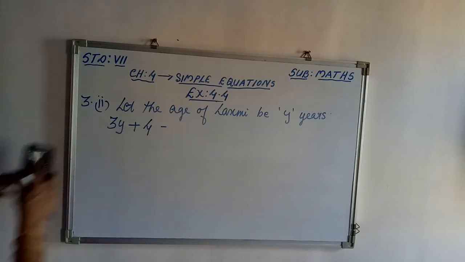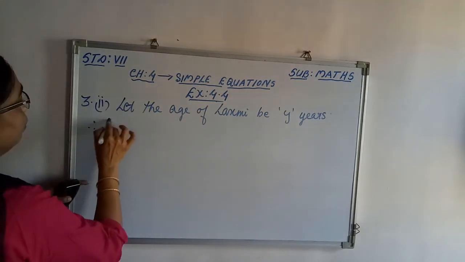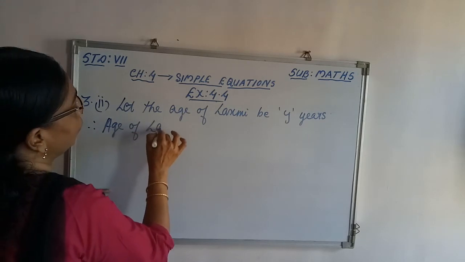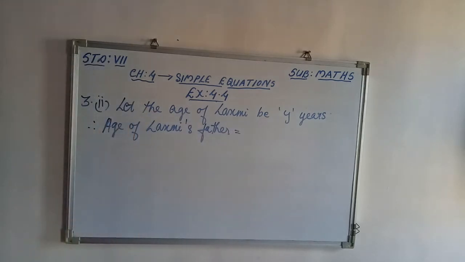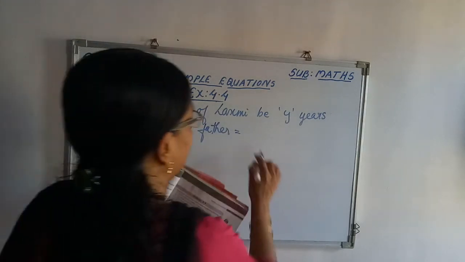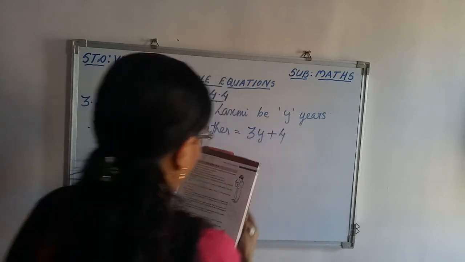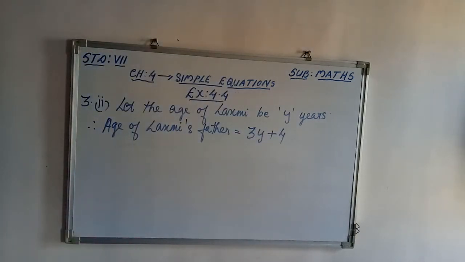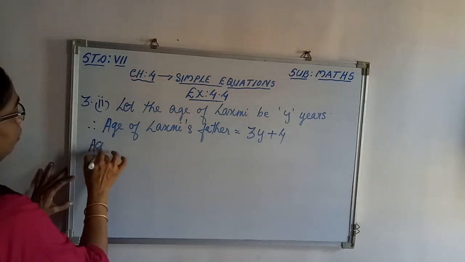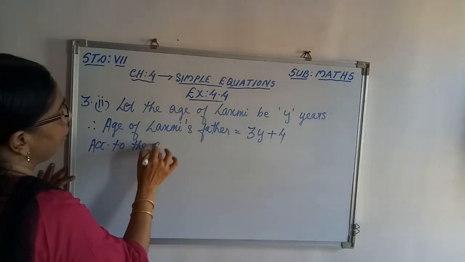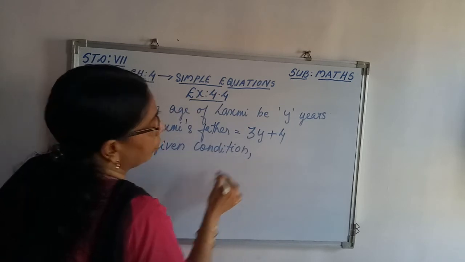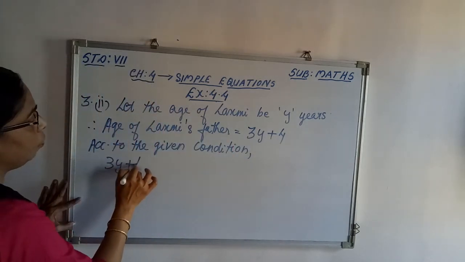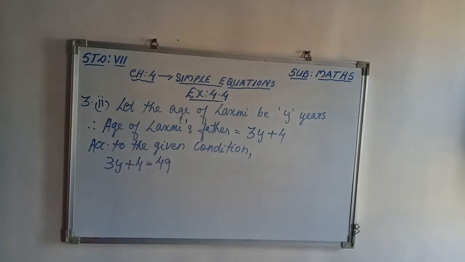So before that we can write, therefore the age of Lakshmi's father is equal to 3y plus 4. But according to the given condition, 3y plus 4 is equal to 49, because Lakshmi's father's age is given as 49.